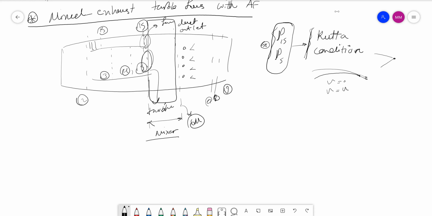We can make the same conclusion here, but for the pressures, right? So here, let me try to magnify this station 5 and 15. So you have the station 5 and 15.